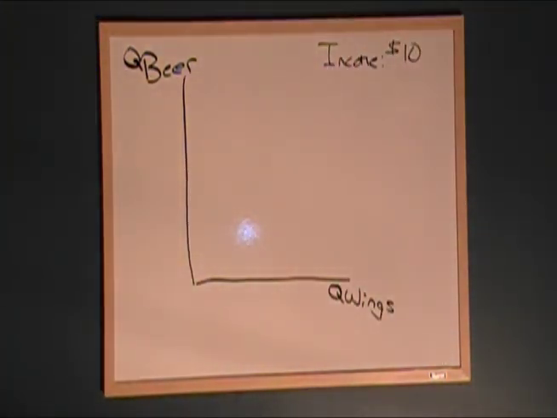Now, just the income alone isn't enough to tell me how many beers I can have or how many chicken wings I can have, or both even. I also need to know how much each of these goods cost.